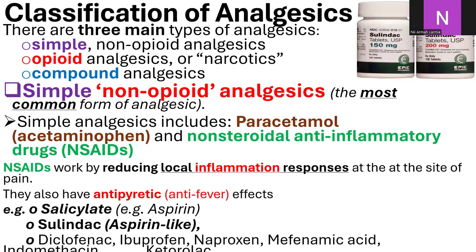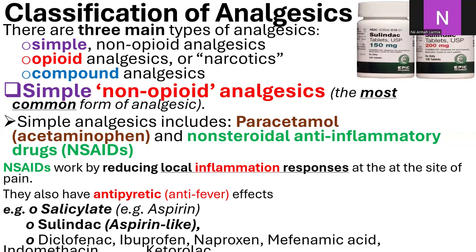Now, these NSAIDs, note, are referred to as non-steroidal because structurally, they do not have a steroid in their chemical structure. So paracetamol, even though it may have analgesic property and antipyretic property, does not have anti-inflammatory property.